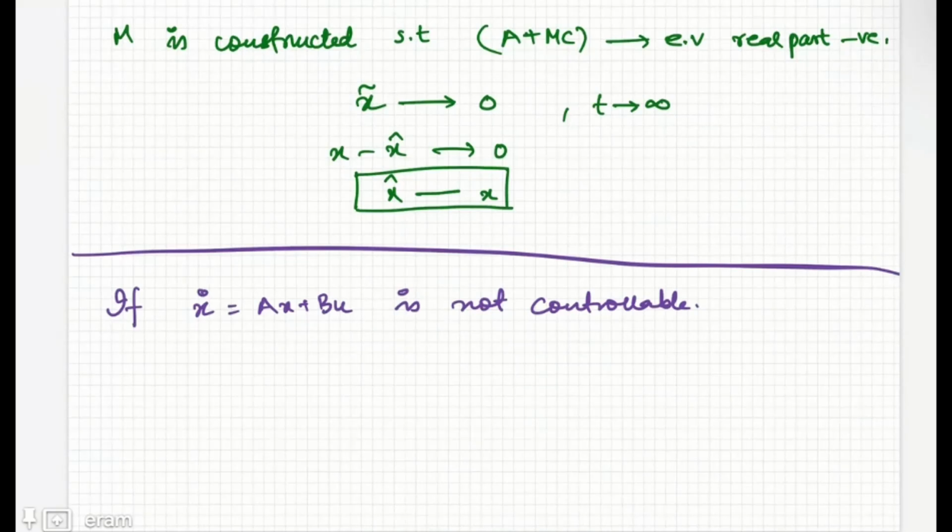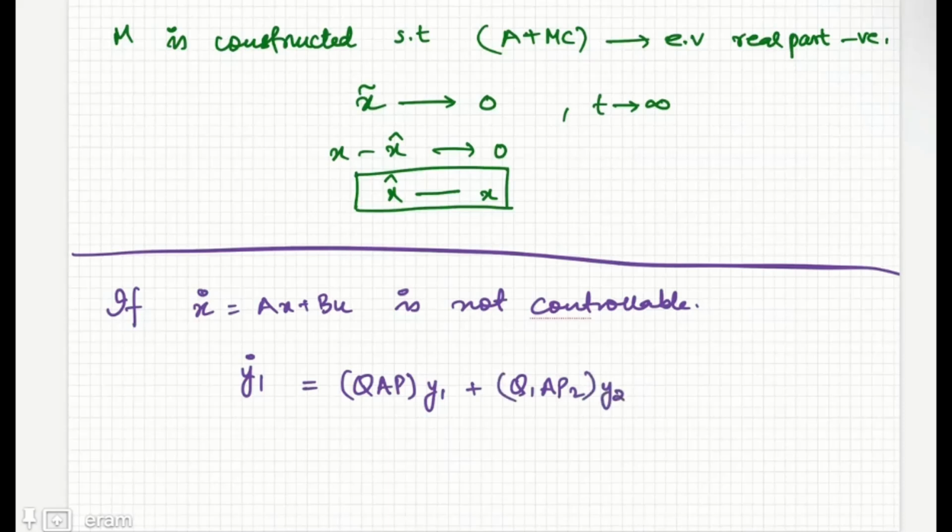So it is possible to construct Q and P such that the system is converted to controllable and uncontrollable modes.